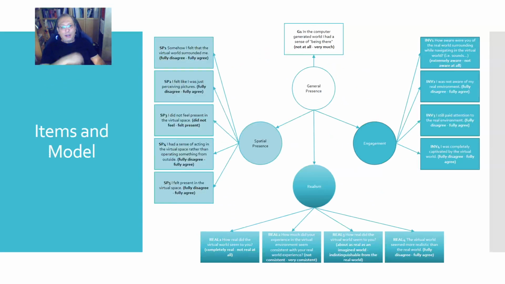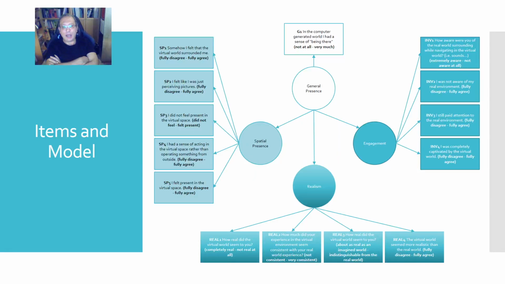Well, the 14 items are like that. I'm not going to read all of them, but if you just check them out, some of them are related with spatial presence, engagement, realism, and the structure is there is this second order latent variable, general presence, which is causing the spatial presence, realism, and engagement.